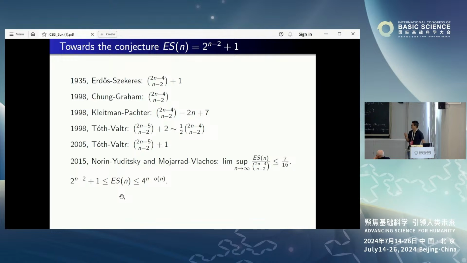The upper bound was essentially 4 to the n, versus the conjectured value of 2 to the n minus 2 plus 1. So what I plan to do in this talk is sketch this result, and I won't really do some other results.